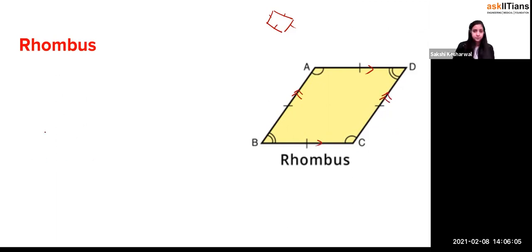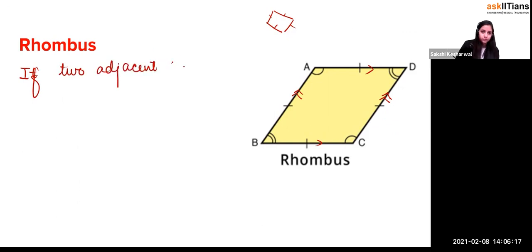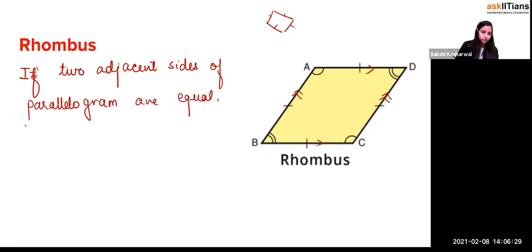So its definition is: if two adjacent sides of a parallelogram are equal, then it is called a rhombus.